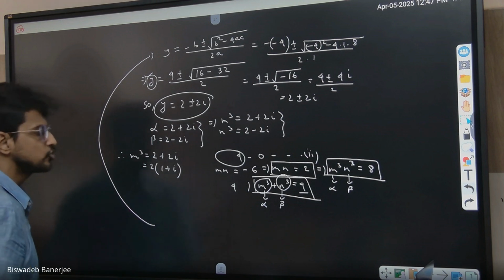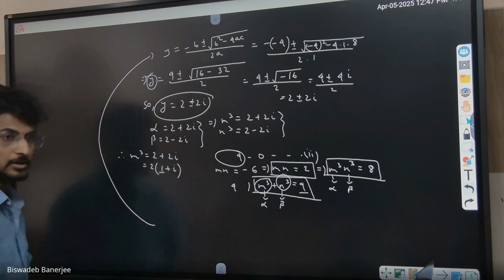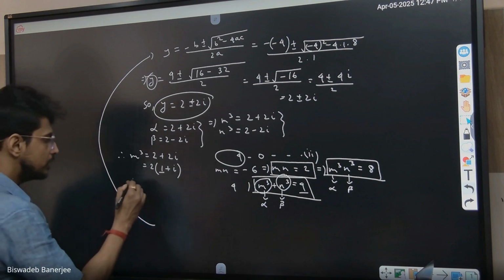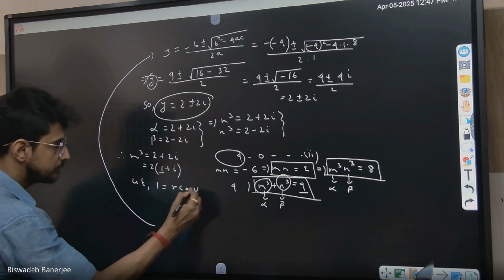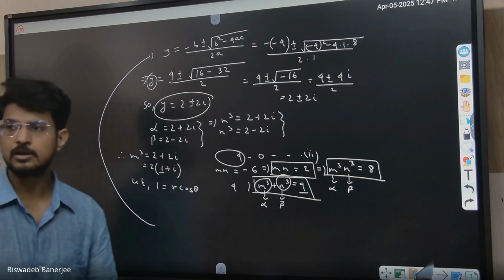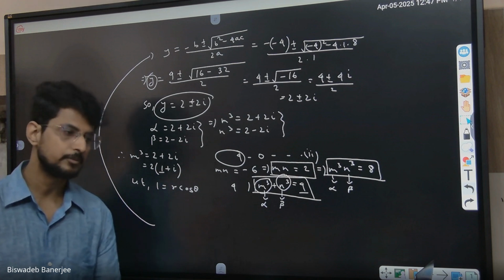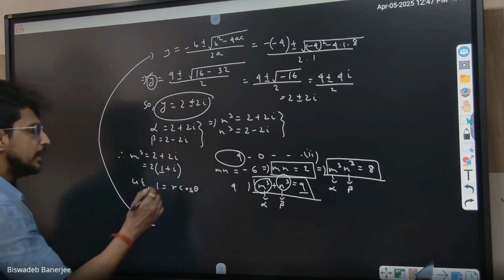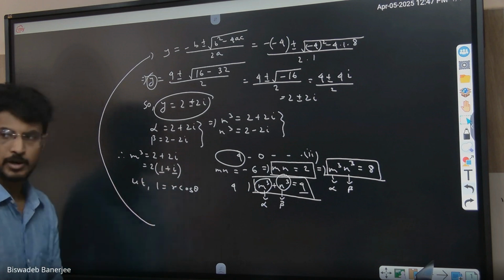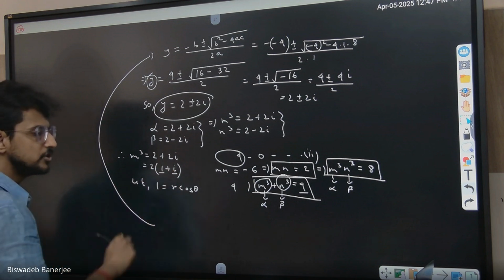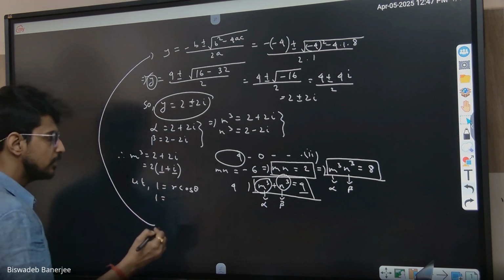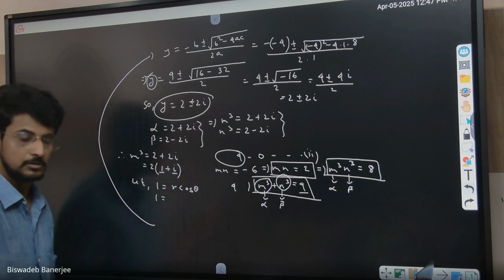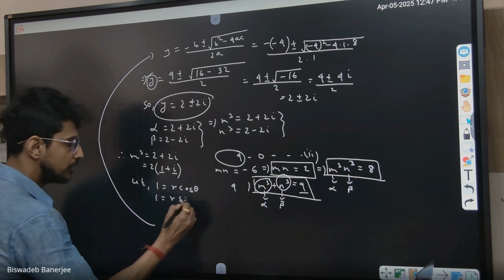For this type of question, see that this is my real part. Always take the real part as r cos theta. This is a very, very important trick. And this is my imaginary part. The coefficient of the imaginary part is again 1, and 1 is equal to r sin theta.